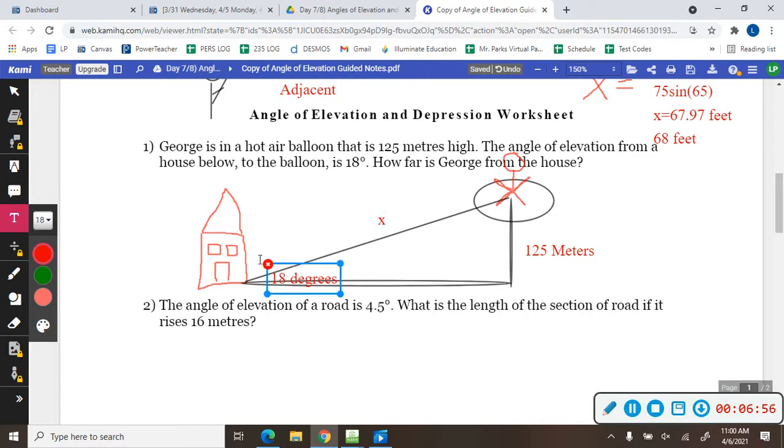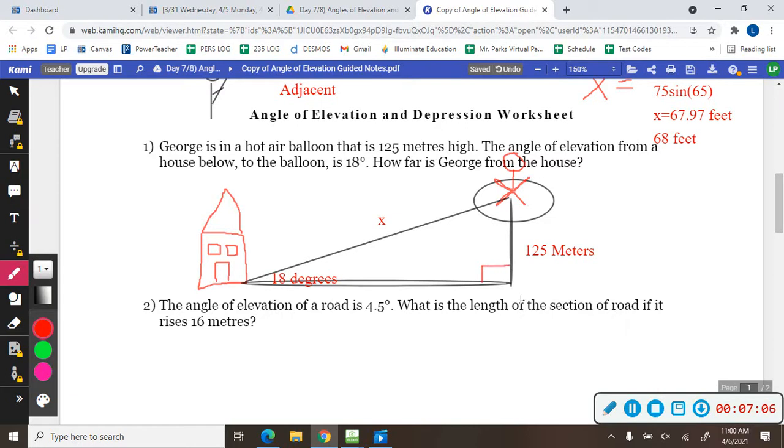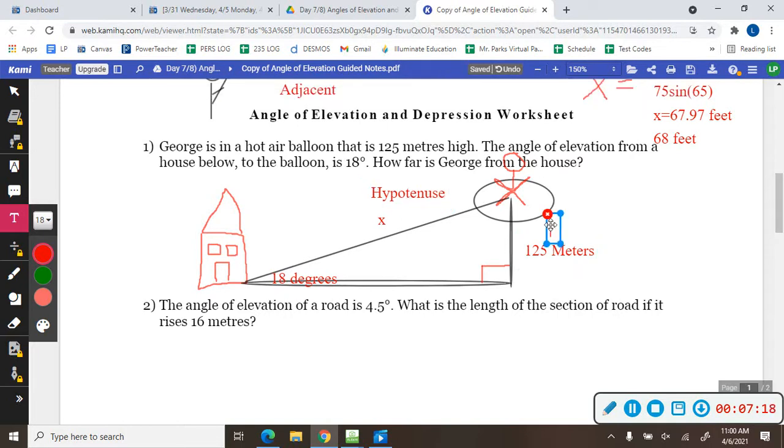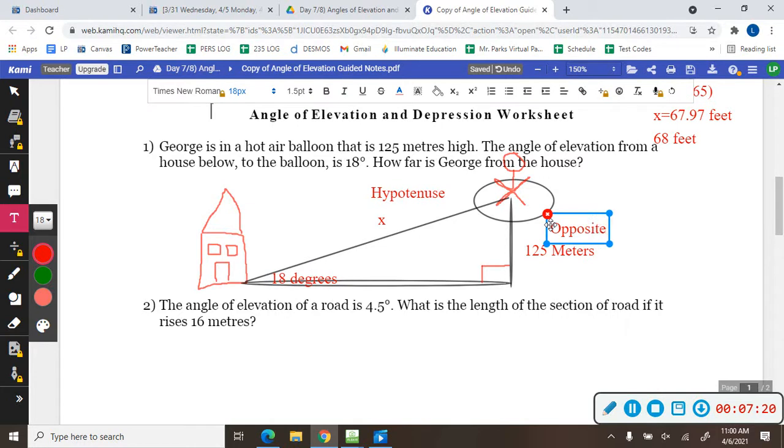So, what ratio? This is my degree. I know that this is 90 degrees because it's straight up and down, straight vertical, and horizontal. So this is going to be my hypotenuse. This is going to be opposite. So this problem is just like the other one.